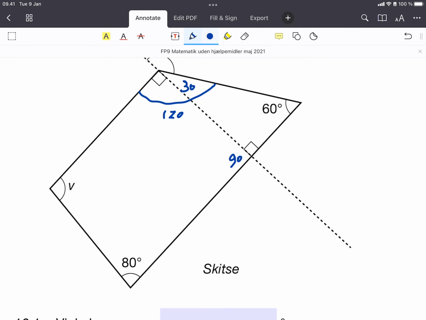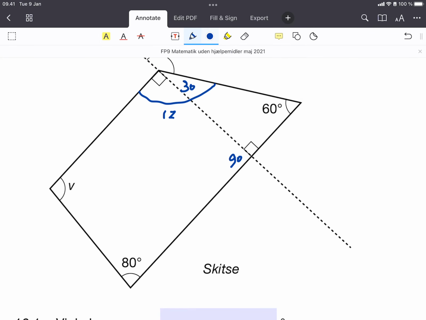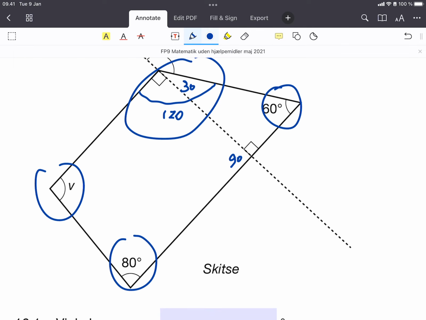So we can either do it from the big four-sided shape with 60 and 80 and 120, and then subtract those all from 360, or we could do it with the smaller four-sided shape to the left of the dotted line. Well, I feel like doing it with the 60, the 80, the 120 and that.